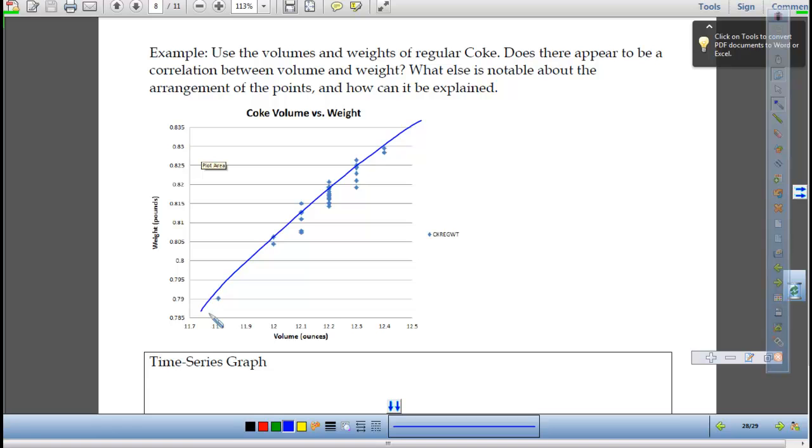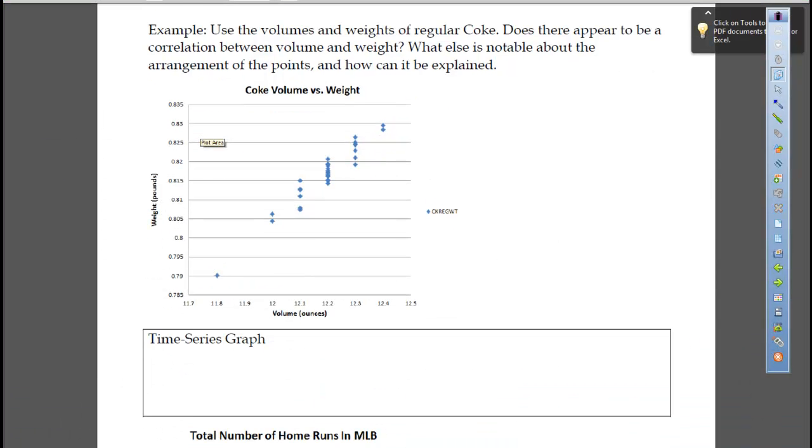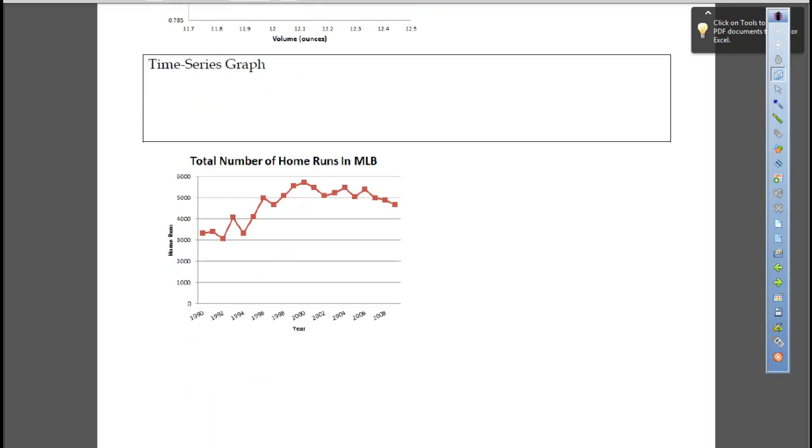Okay, the next chart is a time series graph. And this is just a graph where we want to see what data looks like over time. We've collected data at various intervals of time, and we chart it to see what that looks like. So here we have the total number of home runs in Major League Baseball. We've got home runs over here, and we've got the year.